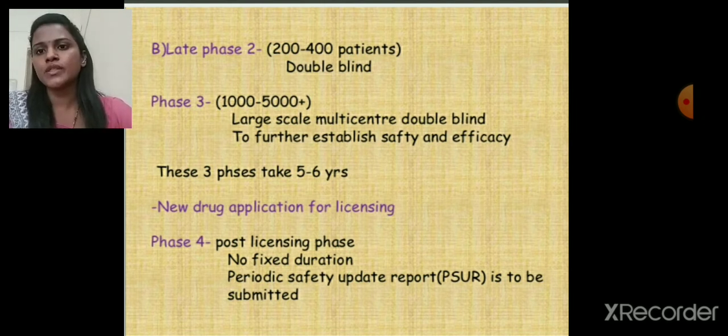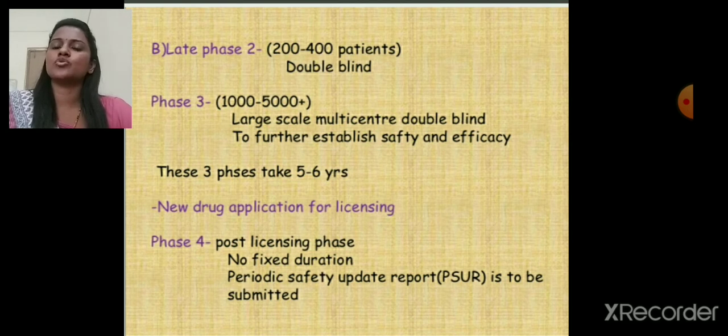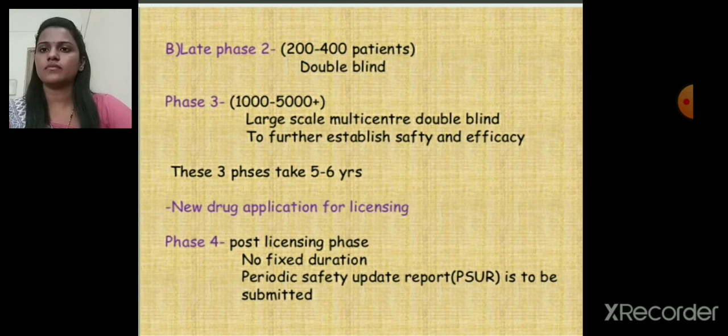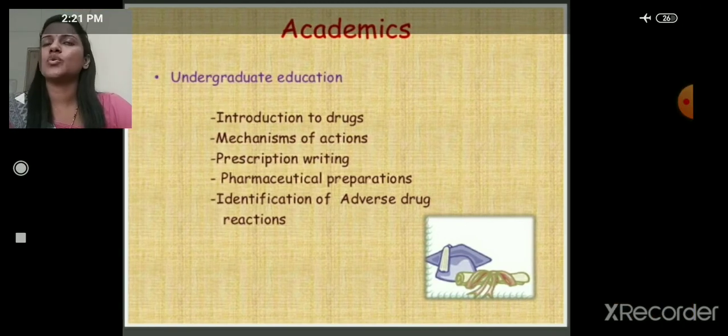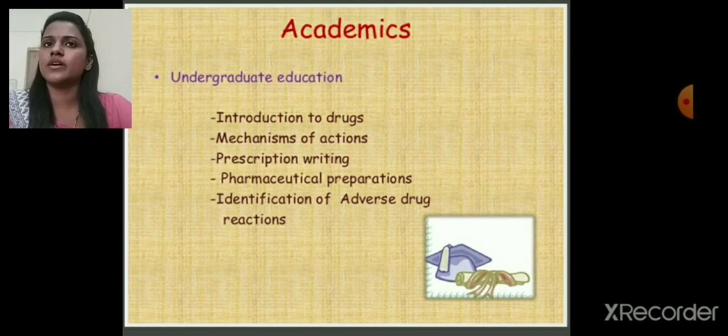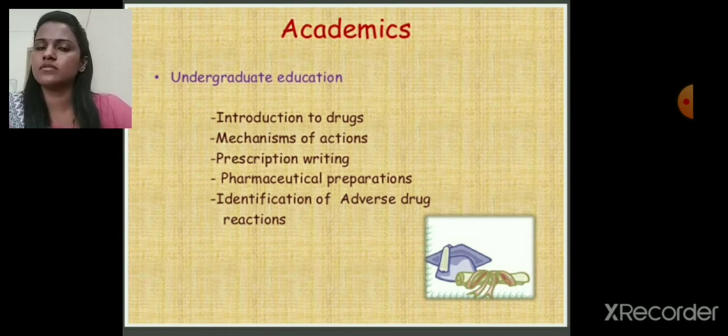Any reaction or change due to the drug is recorded, and that record is called a periodic safety update report, and it is submitted to the authority. So all this comes under research, and this type of research study is done in pharmacology. So this is about the research scope of pharmacology.